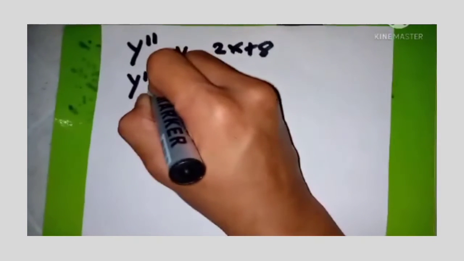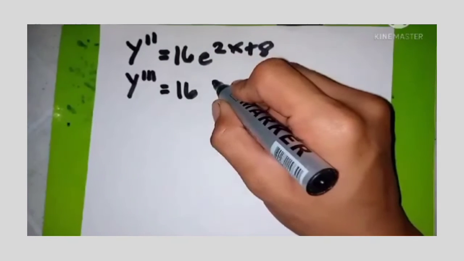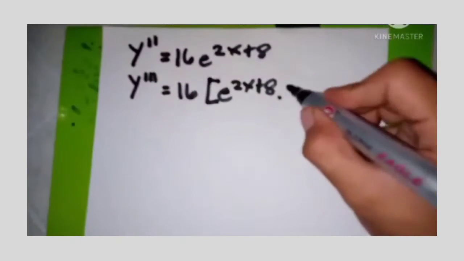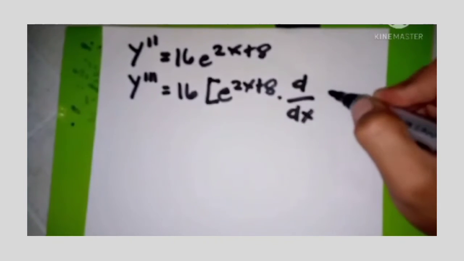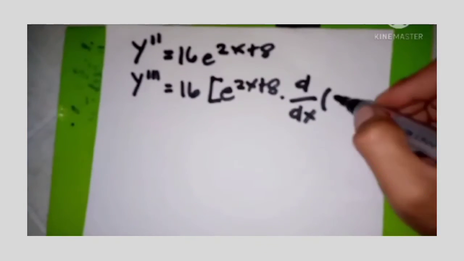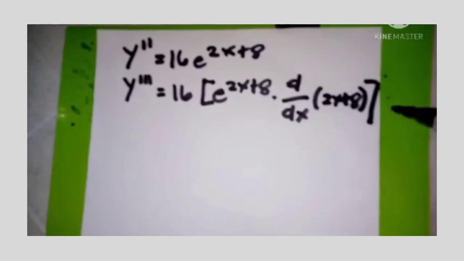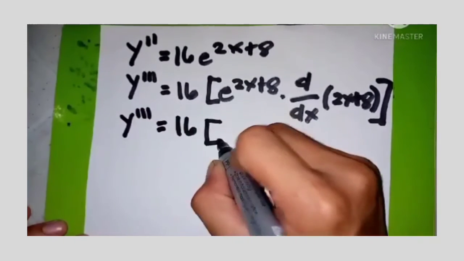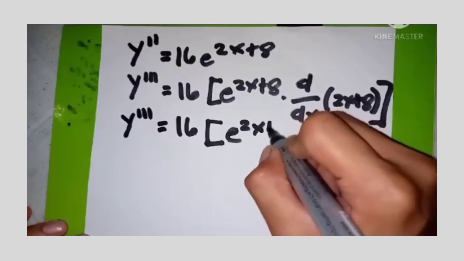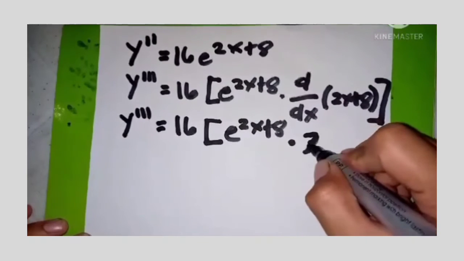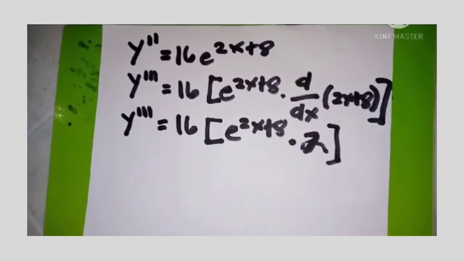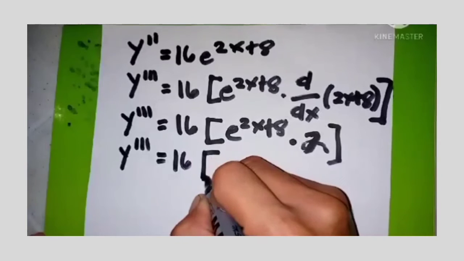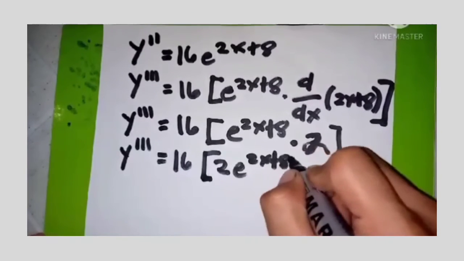So y triple prime is equal to, same as before, 16, the quantity, the inside of the quantity is e raised to the power of 2x plus 8, then multiply by the derivative, then the derivative of 2x plus 8, then it will become 16 quantity of e raised to the power of 2x plus 8 multiplied to the 2, sorry for that, then multiply the 2, then it will become 16 times 2 e raised to the power of 2x plus 8.